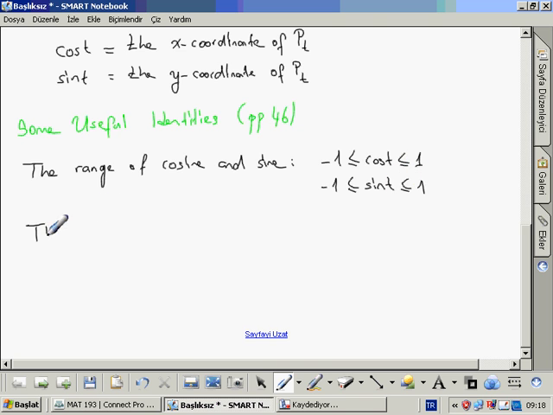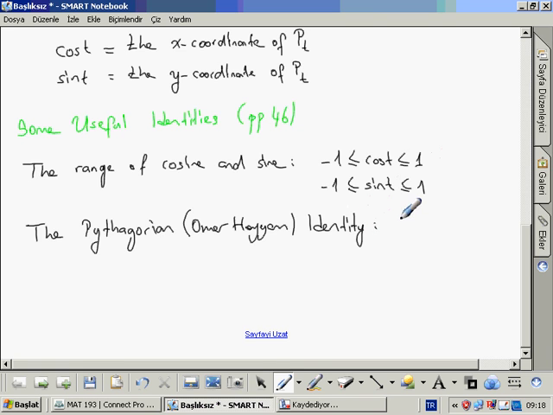And the Pythagorean, or Ömer Hayyam, identity: cosine squared t plus sine squared t equals 1.